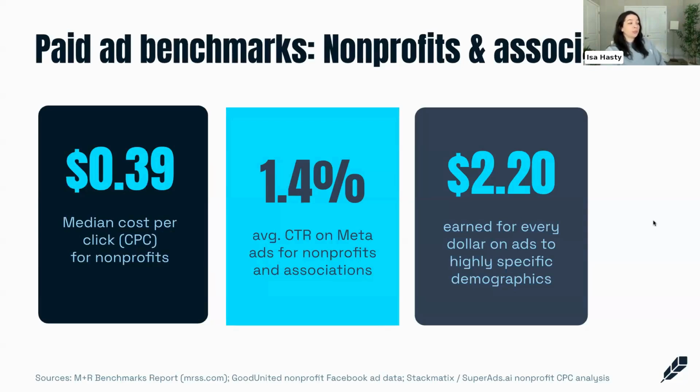So median cost per click for nonprofits on Meta when it comes to paid ads is going to be around 39 cents, right? This is just to give you some benchmarks so that you can compare where you're at with industry standards, because I think sometimes it's helpful to just see. 1.4% is the average click-through rate on Meta ads for nonprofits and associations.